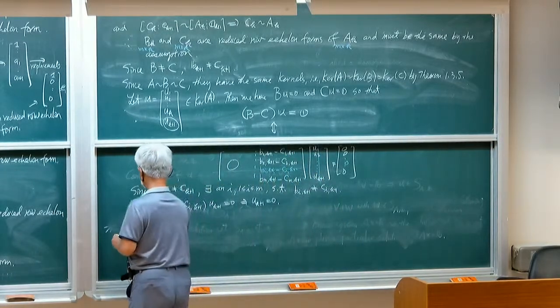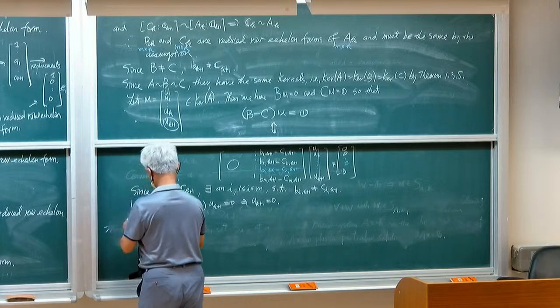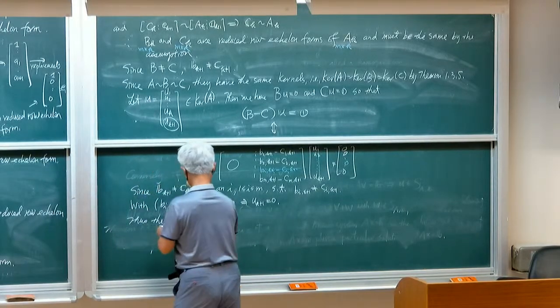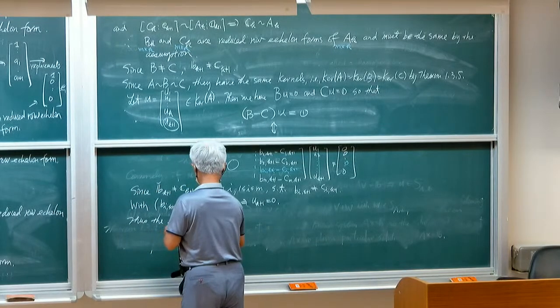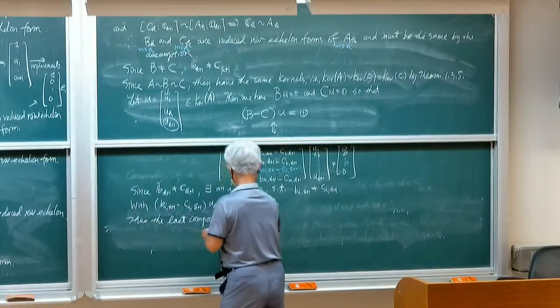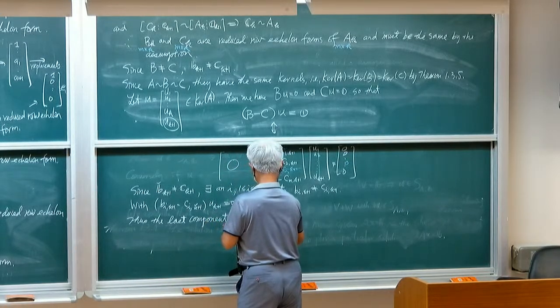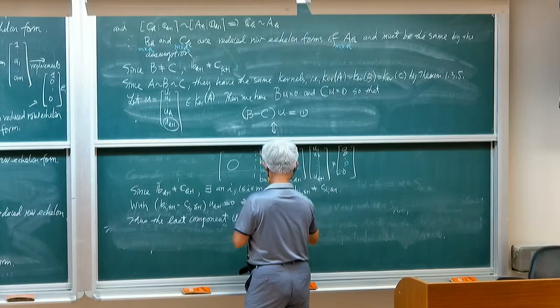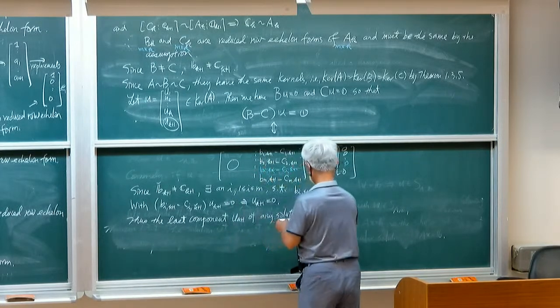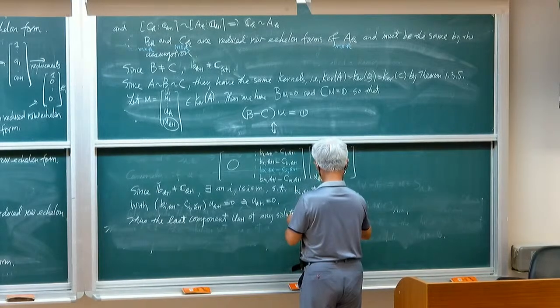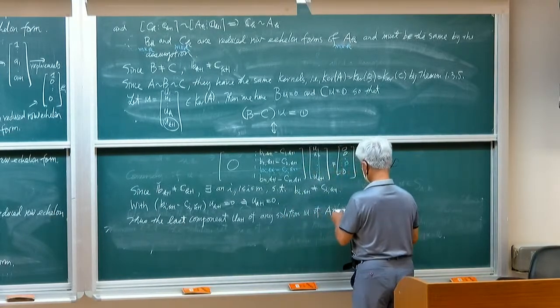So that's the last component, u_{k+1} of any solution of Ax equal to 0 is 0.